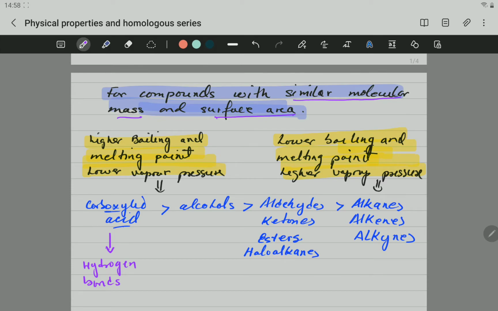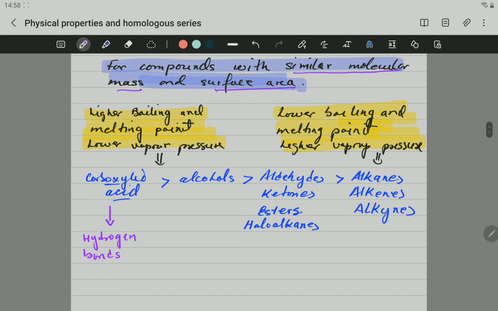And remember, hydrogen bond is the strongest one, but it has two sides. From all the homologous series we did, hydrogen bond is in carboxylic acid. We have two sides, and therefore carboxylic acid has the strongest intermolecular force and will have the higher melting and boiling point and the lower vapor pressure.